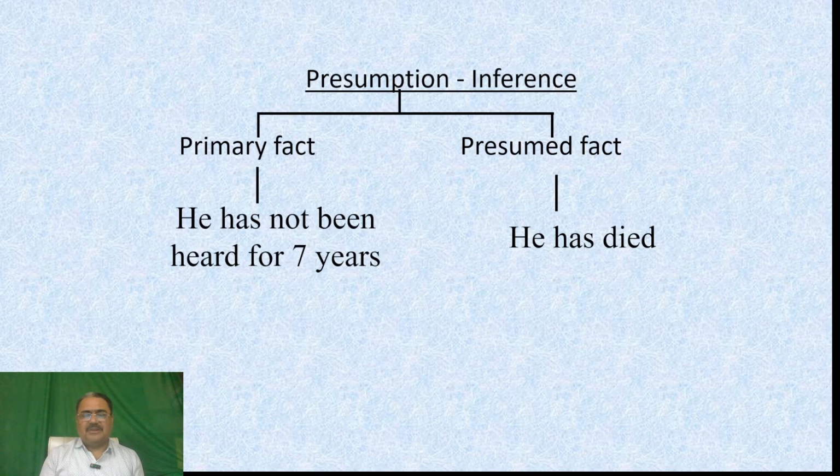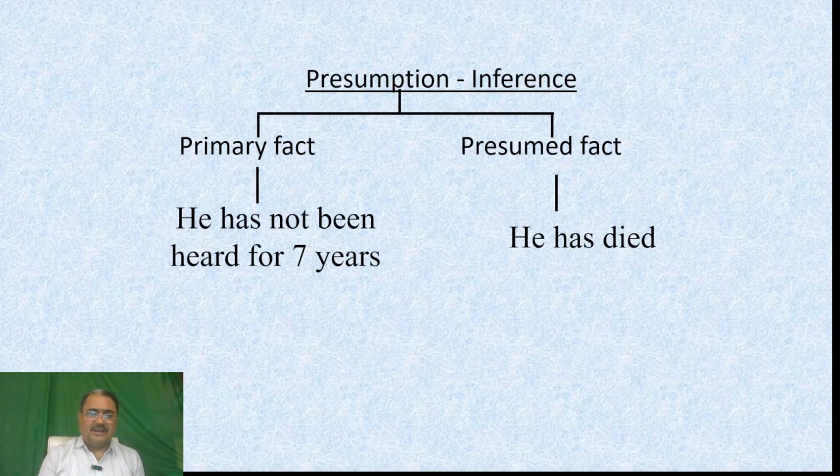When we look at presumptions, it is basically, we can say, an inference. For example, there are some basic facts, and from those basic facts you draw some inferences. So there is a primary fact, say someone has not been heard of by their family members for the last 7 years.